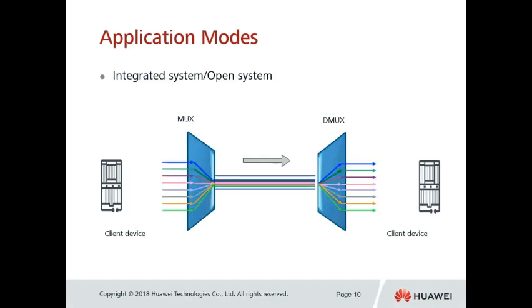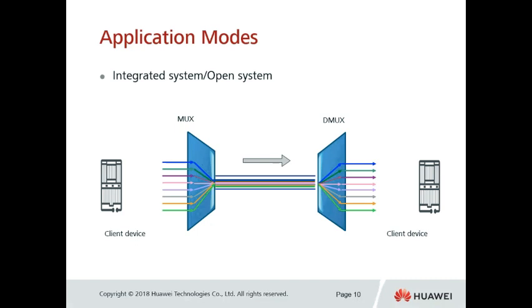The first one is the integrated system. Also, we can use an open system. Integrated and open systems are widely used in our network. An integrated system does not have any requirement about the client device or client customer.